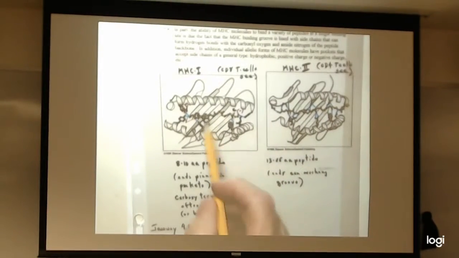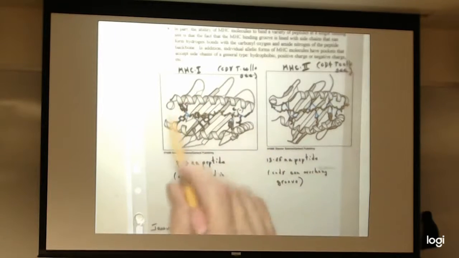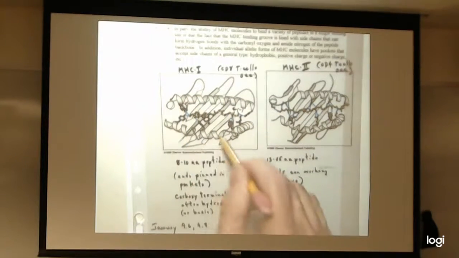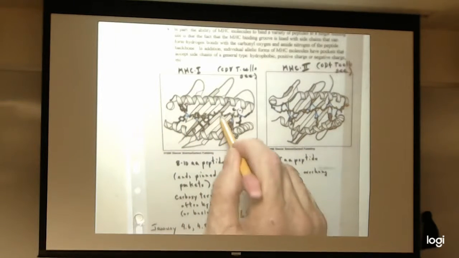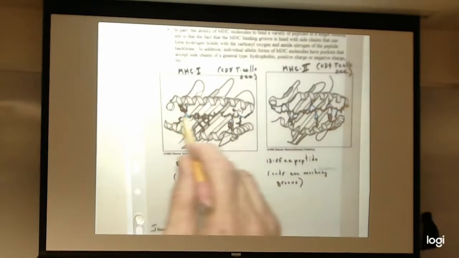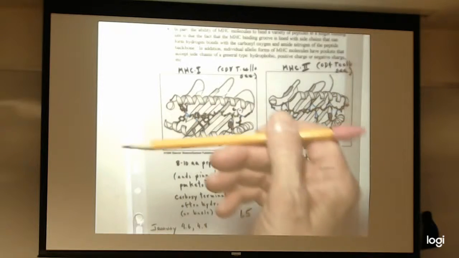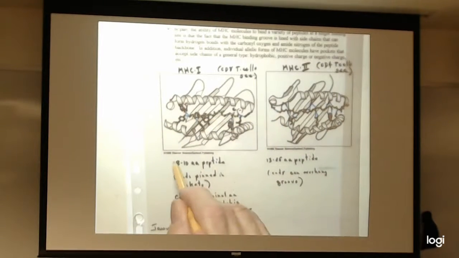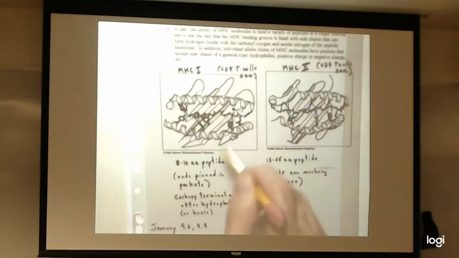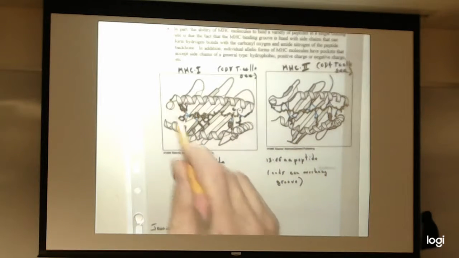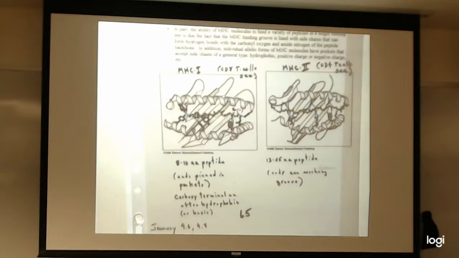So here is the MHC class 1 Happy Valley here, the mountains and the platform. Here's one of the peptides here that fits in. Now, if the peptide were fully extended and lying flat on the valley, it could only be 8 amino acids long. Okay? But it can be up to 10 amino acids long, actually, because we could have it lying flat, flat, flat, and then buckling up, and then coming down, being flat, maybe buckling up again and being flat.